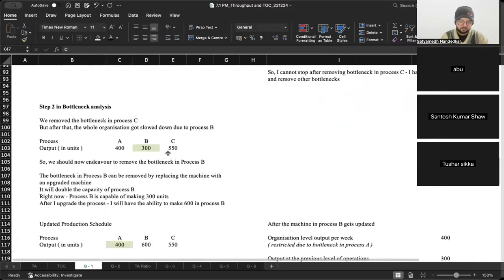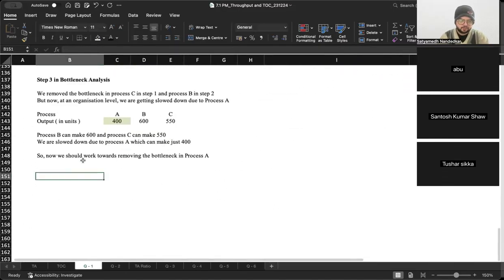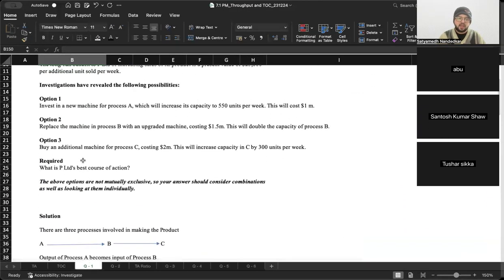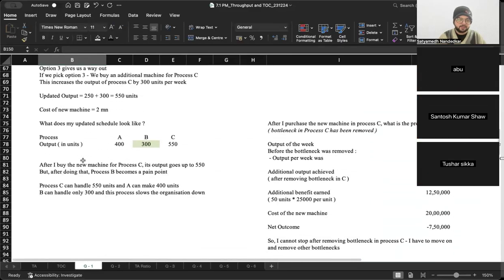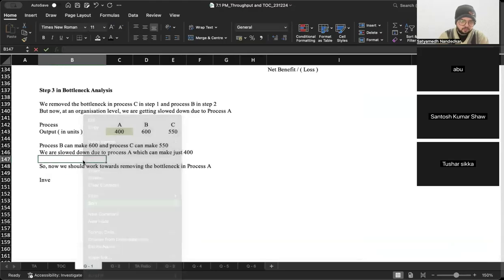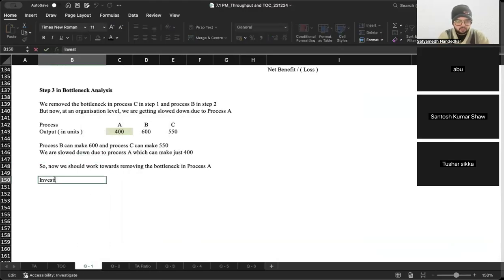So what was the solution for option 1? Invest in a new machine for process A. It will increase its output to 550.